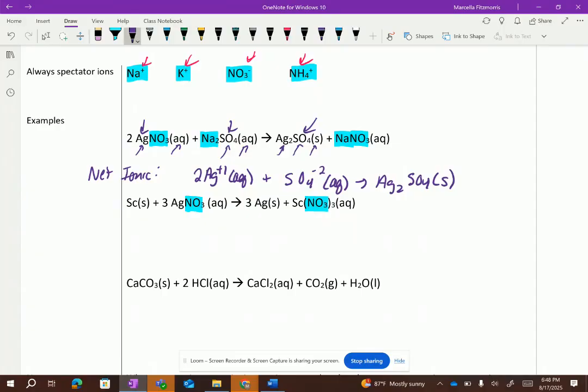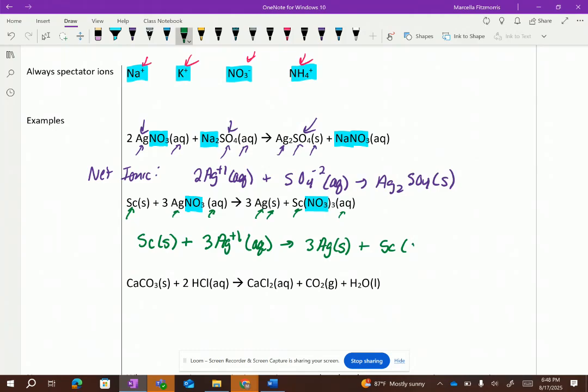On this next one, we can double check this as well. Is Sc solid on the other side? No, it's aqueous. Is Ag aqueous on the other side? No, it's solid. Okay, so this must be part of the reaction, not a spectator. So, Sc, solid, reacts with 3 of these Ags, which has a +1 charge, and they're aqueous, to produce 3 Ags that are solid and this Sc that is aqueous.